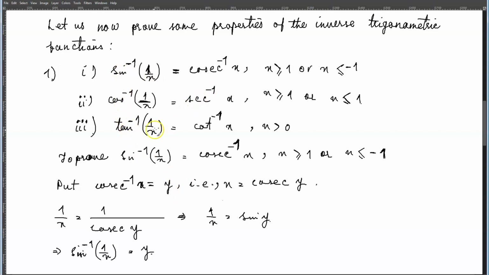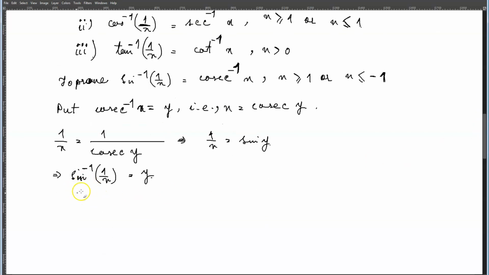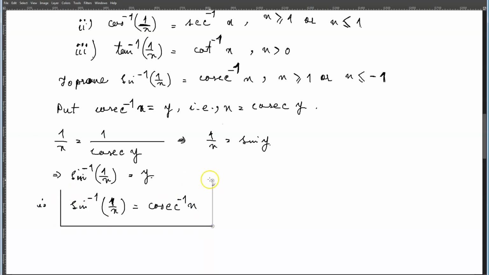And here we said that y is equal to cosecant inverse of x. So the sine inverse of 1 by x is equal to y, which is equal to cosecant inverse of x, and therefore this is proved.